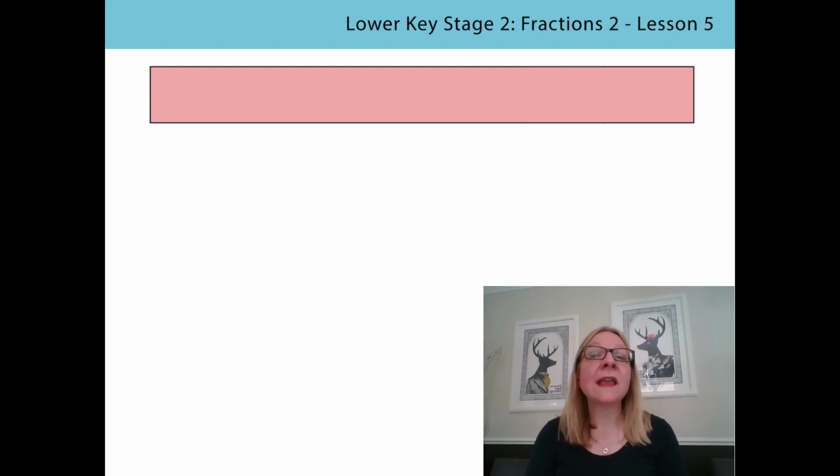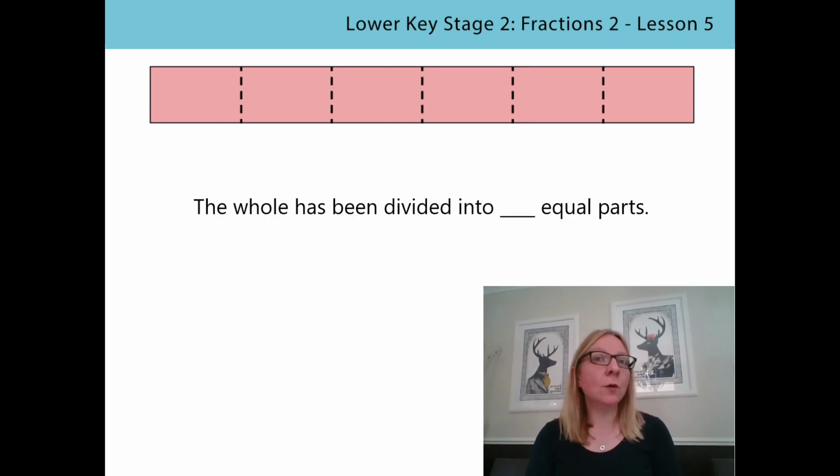Let's use the same idea, but this time we will divide the strip into a different number of equal parts. We will start again by completing the sentences. Like last time, I will say the sentences first, leaving a blank space, and you can repeat back to me, adding in the missing numbers or words. The whole has been divided into equal parts.